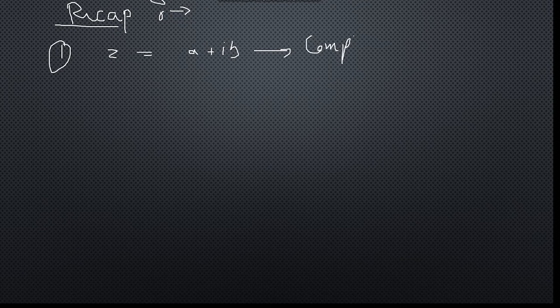Let us recap what we have done till now. First thing which we have discussed, Z equals A plus iota B is called a complex number, where A and B are real constants.